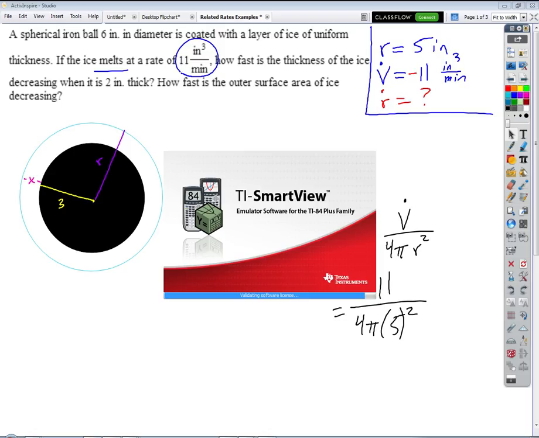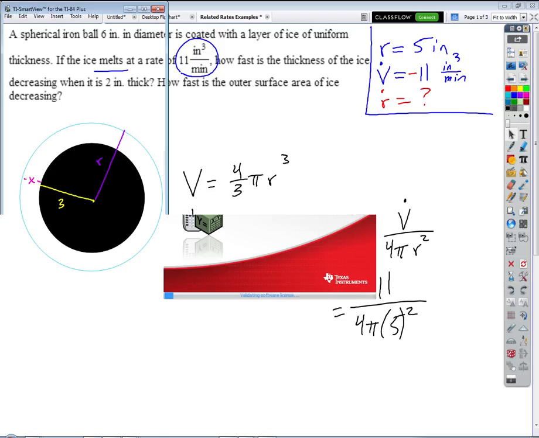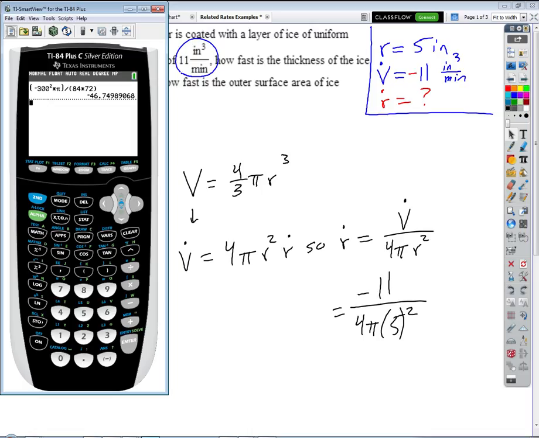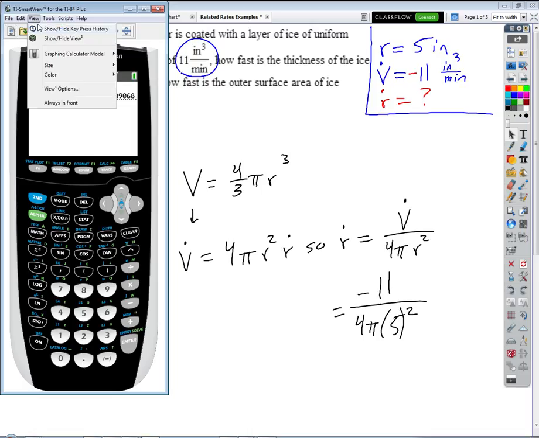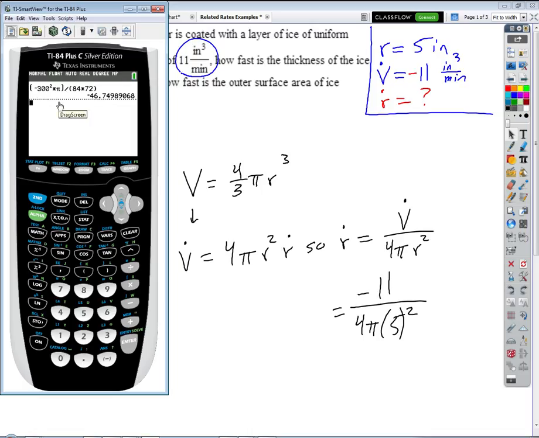Okay, so if this is asking for a fraction, our answer is negative 11.